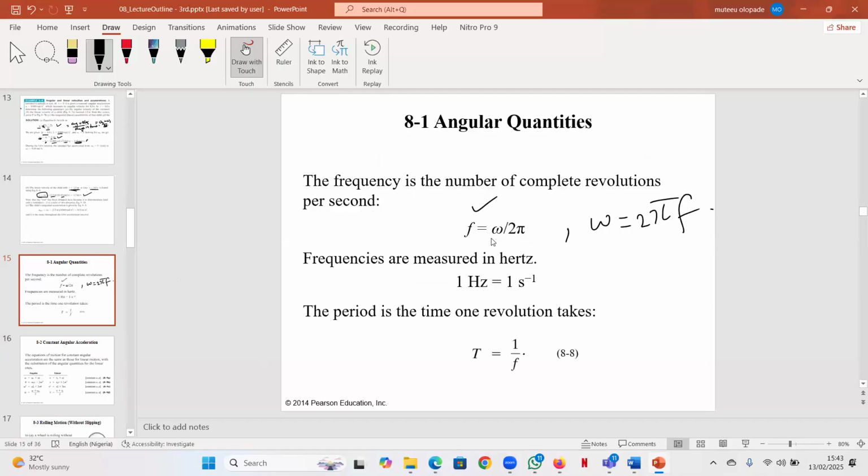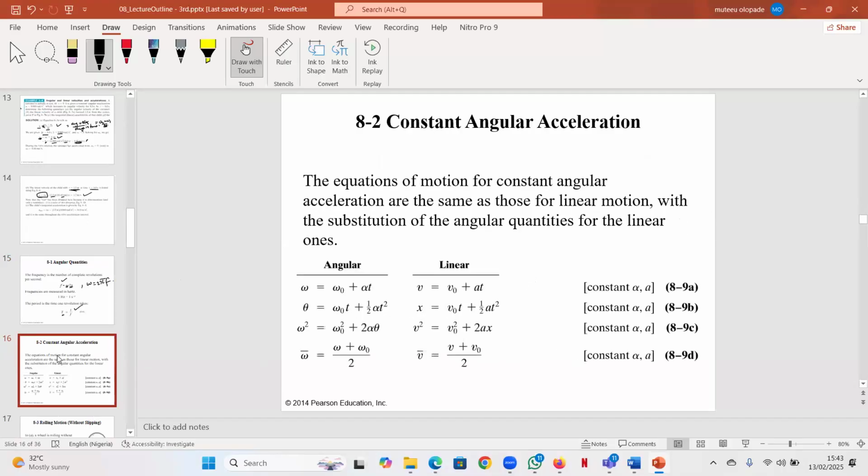So frequency is the angular velocity omega divided by 2 pi. Also, calculating the period is 1 divided by the frequency. So I hope it is clear.